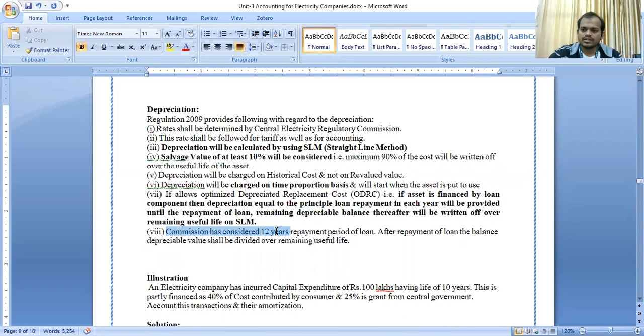In illustrations or problems, if it is not mentioned clearly, we have to follow the regulations. The Commission has considered a 12 years repayment period of loan. After repayment of the loan, the balance depreciable value shall be divided over the remaining useful life. You can clearly have an explanation in the illustration.